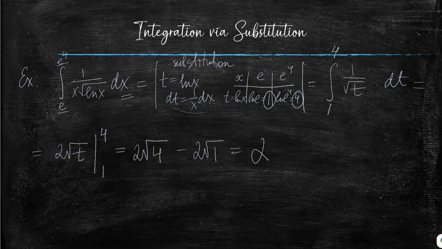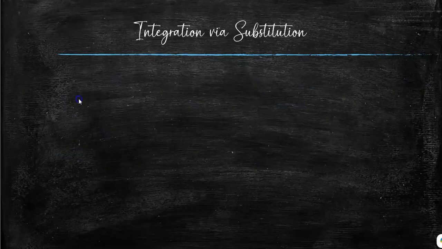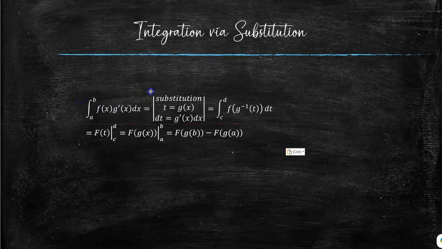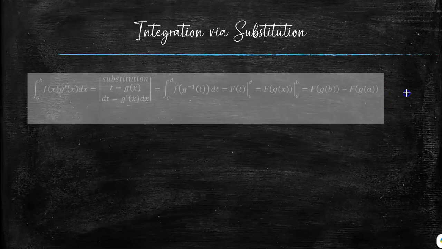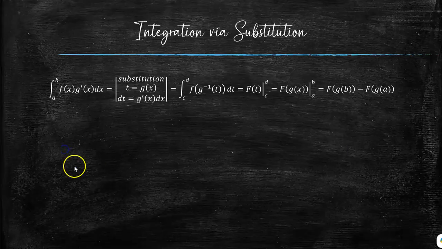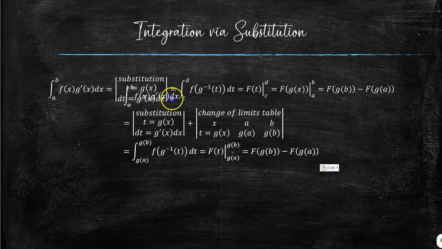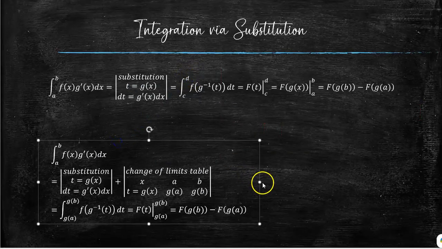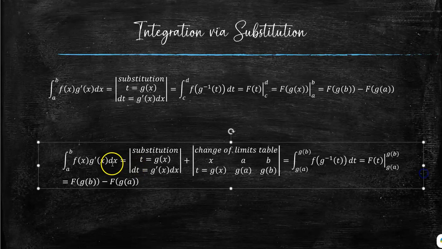All definite integrals. So depending on which path you're going to take, it's either going to look like this when you apply the substitution, or like this. These are your two alternatives when it comes to using substitution for integrating definite integrals.